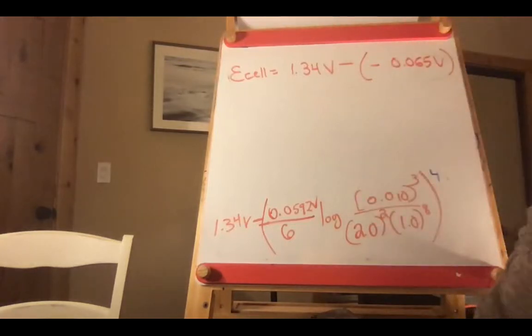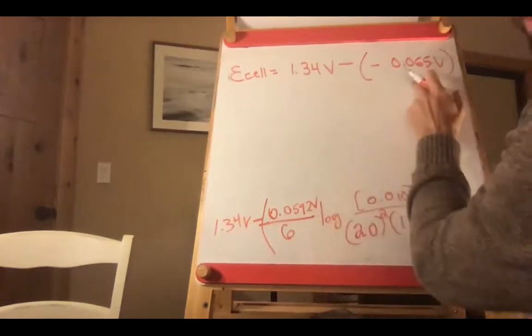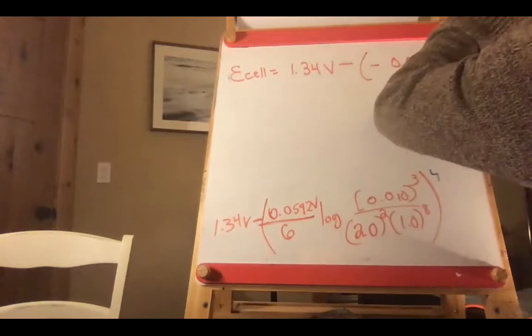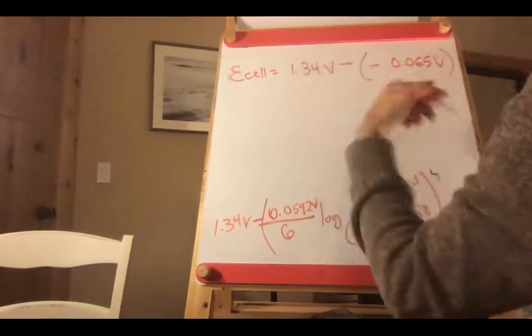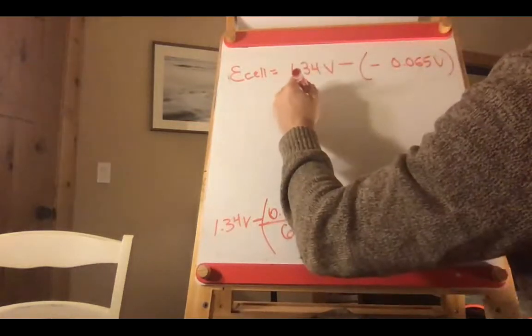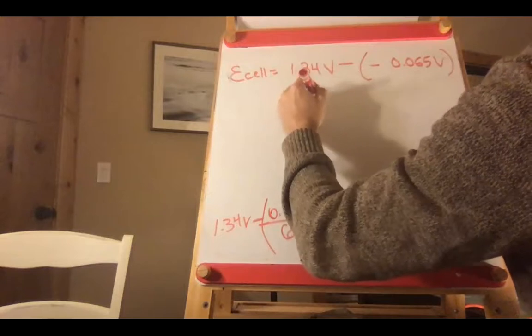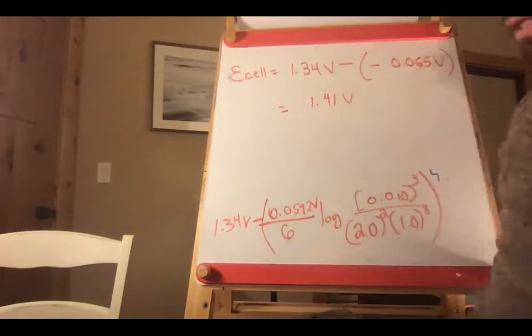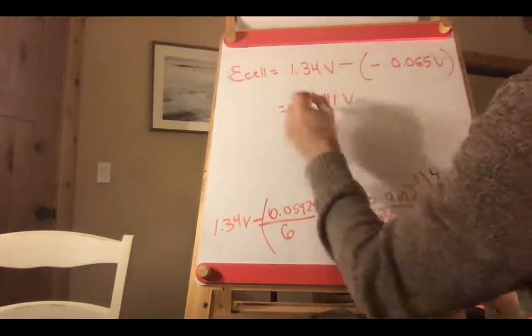Okay, do these calculations, make sure you get that number, and that your order of operations is all good. And so that ends up being 1.41 volts, because it's minus a negative turns that into a plus. Okay.